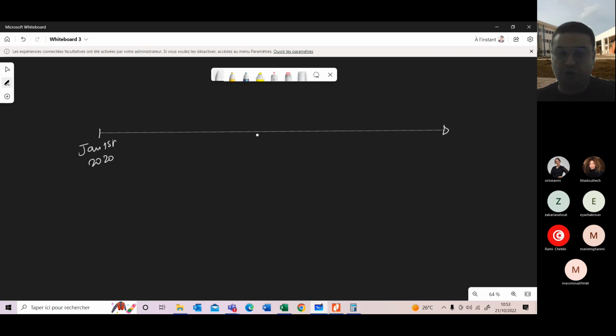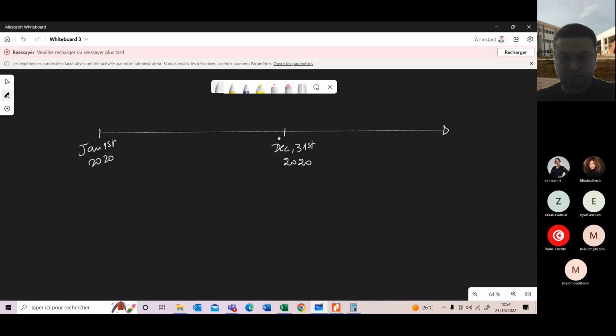Makes sense? So normally the reporting date for this year is December 31st, 2020, right? This is the reporting date. So what do we mean by events occurring after the reporting date? I'm talking about this period.